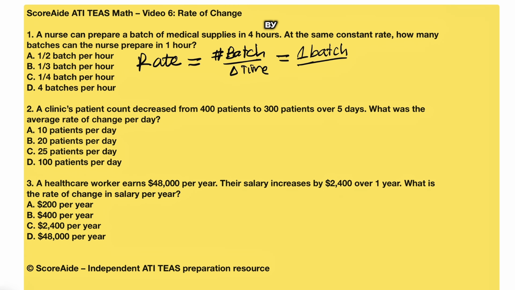All this divided by 4 hours. So you see, the answer is just gonna be 1/4 batch per hour, right? So the answer is just gonna be C because we want to prepare this in 1 hour, right?